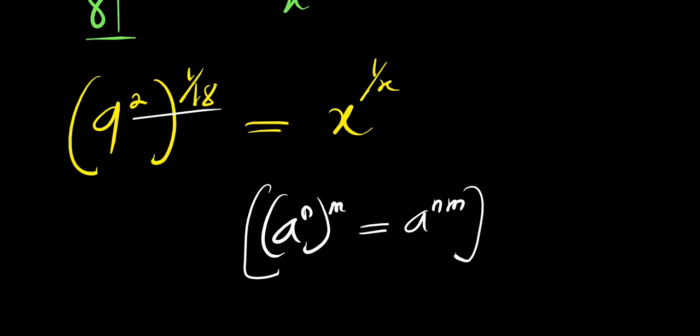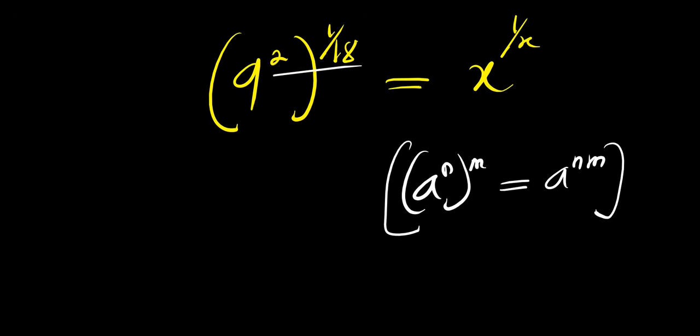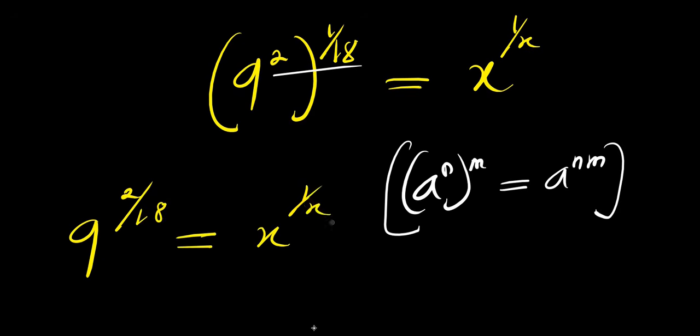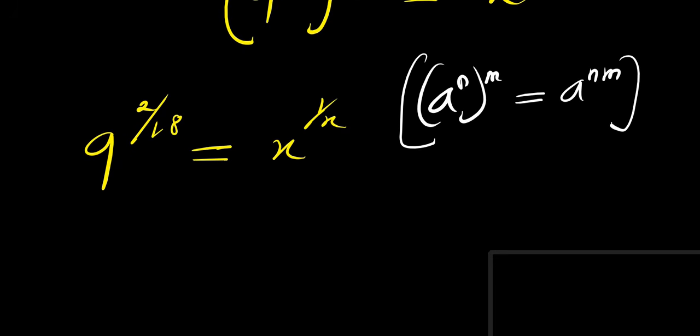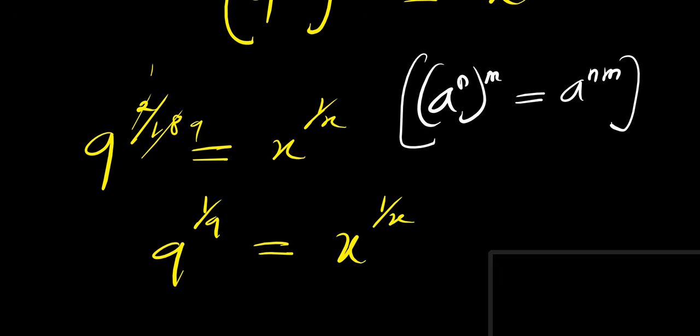I'll multiply this out. I have 9 power 2 times 1, that is 2 over 18, equals x power 1 over x. So from here, 2 cancels itself once and cancels this, we have 9. So you have 9 power 1 over 9 equals x power 1 over x.